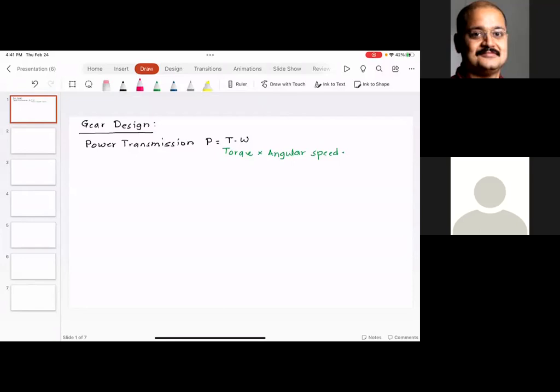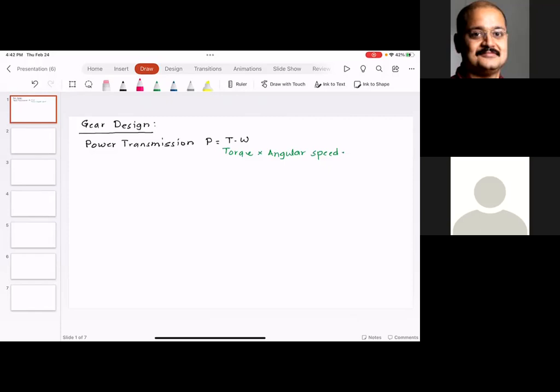There are different types of gears. There is the spur gear. There is the helical gear. There is the worm gear, worm wheel. There is the bevel gear. There is the double helical gear, which is also called the herringbone gear. There is the spiral bevel gear.